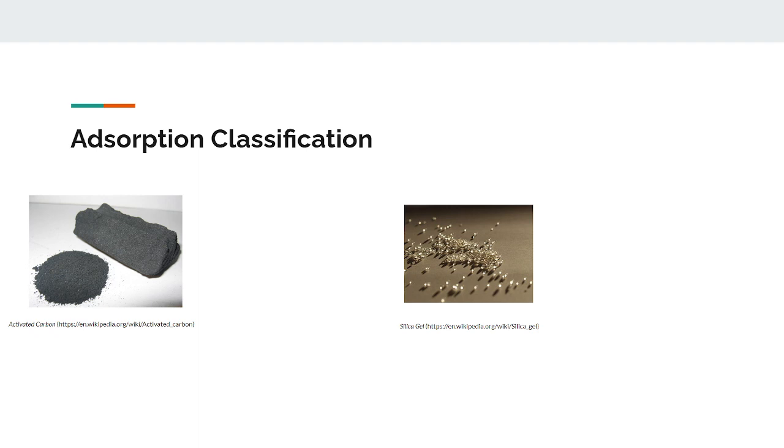And then the picture on the right there is silica gel, which is also highly porous but is also an amorphous form of silicon dioxide.